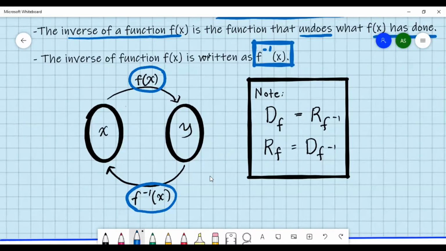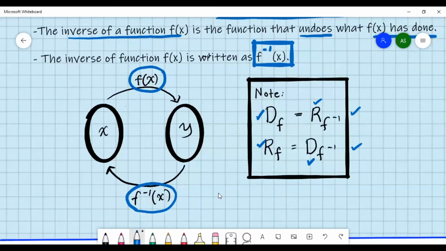So the domain of f, the input of f, will become the range of f inverse, because this is now the resulting set of your f inverse. And the range of your f, which was the output, is now the input or the domain of the inverse. So please take note of this in finding the domain and range of your function and its inverse.